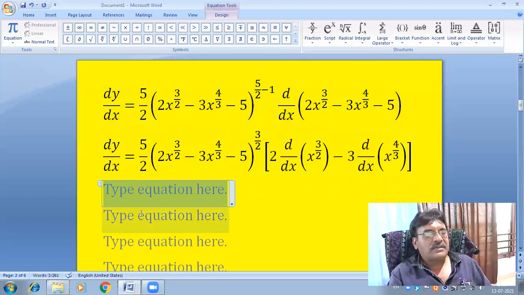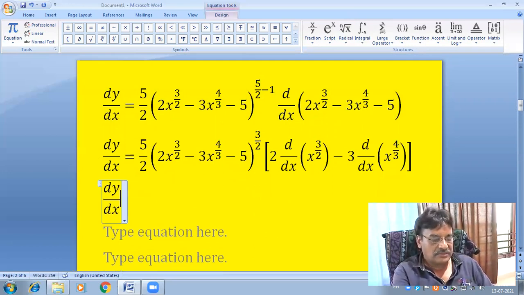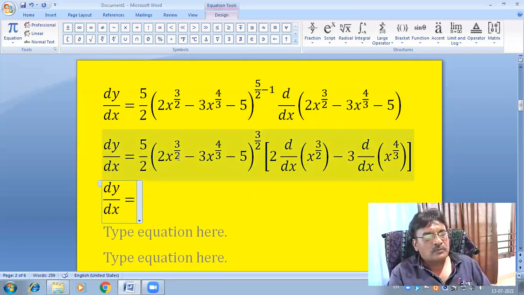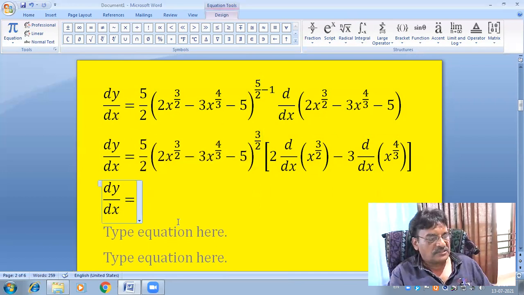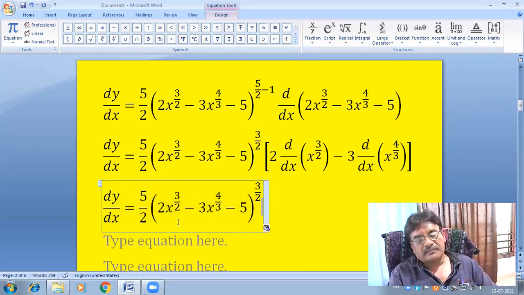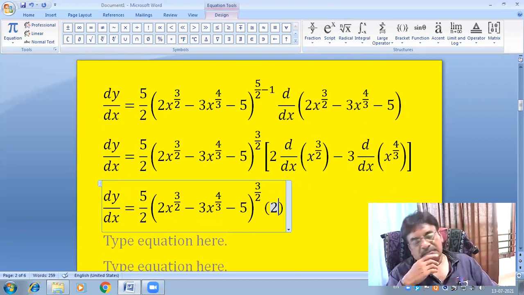In the next step, dy by dx is equal to 5 by 2 into (2x^(3/2) - 3x^(4/3) - 5)^(3/2) as it is, into, in bracket, 2 as it is, d/dx of x^(3/2).